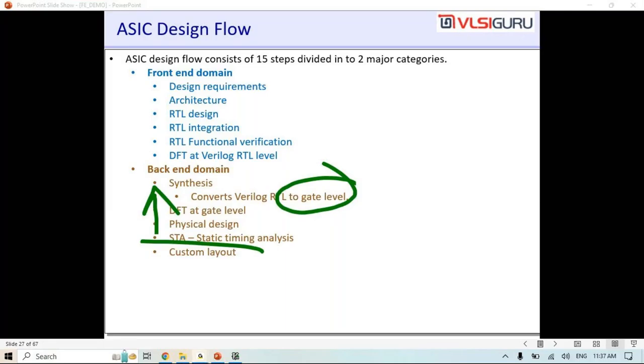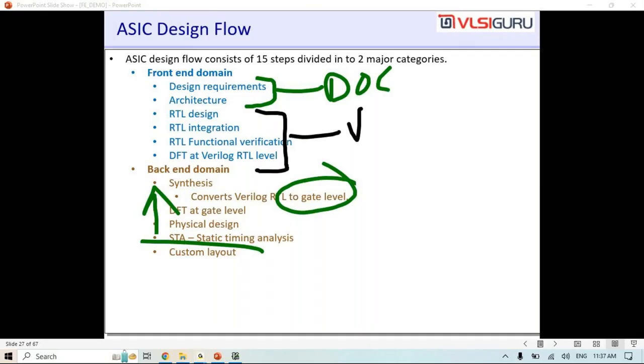Let me explain here. Here the design is in document format. You know, a document which tells how it will behave. Here the design is in Verilog RTL format. Format means that is how coding is done.